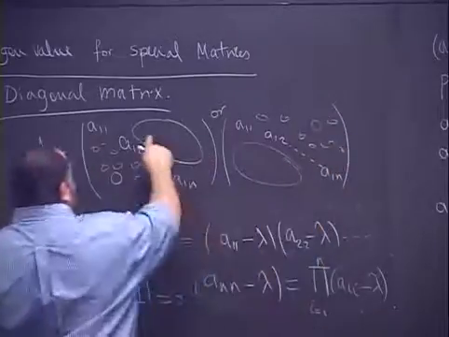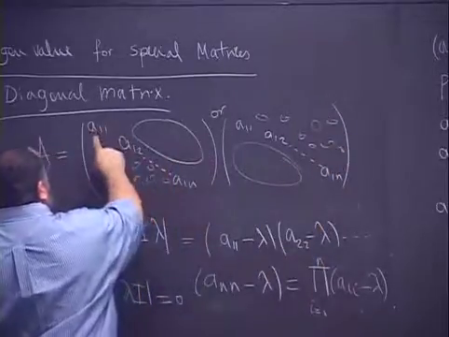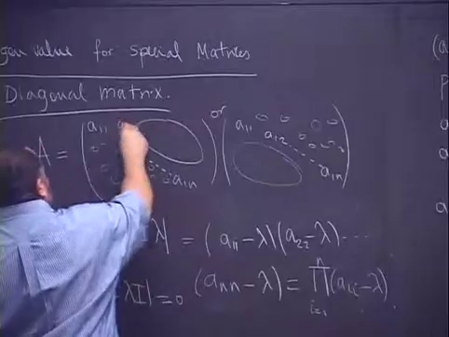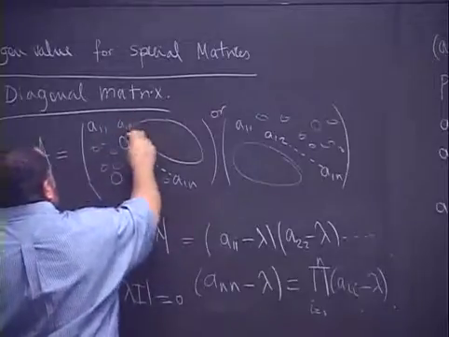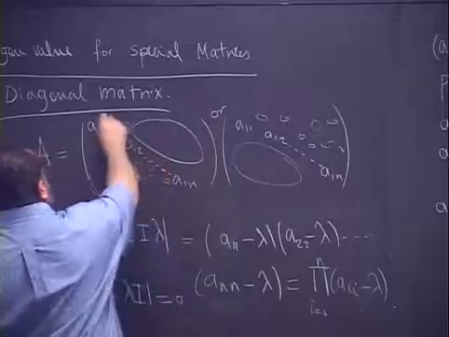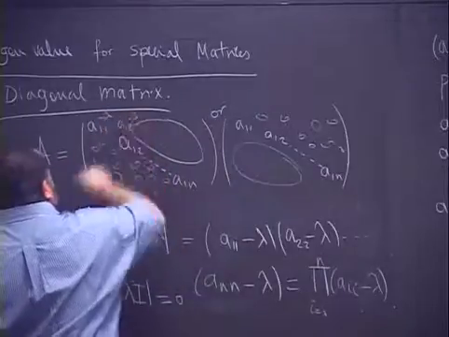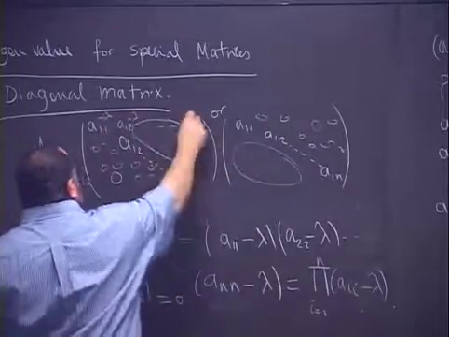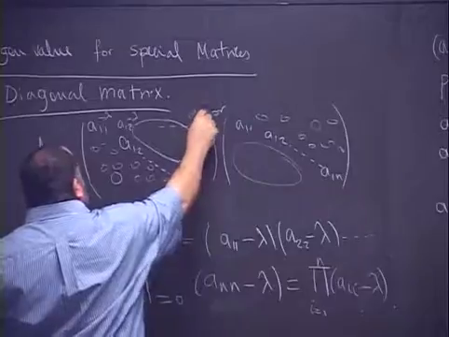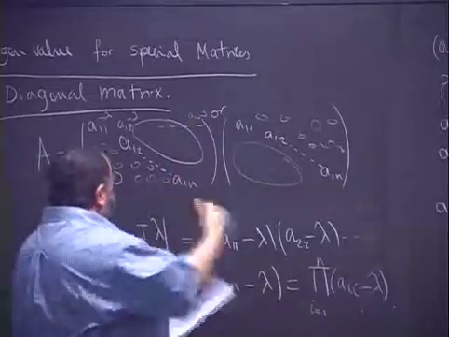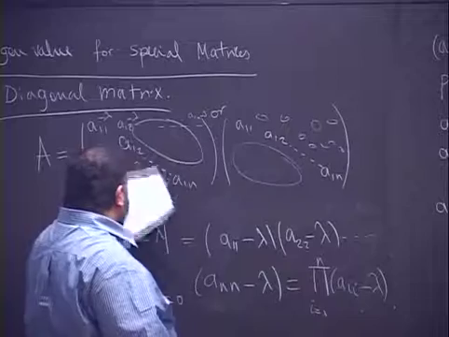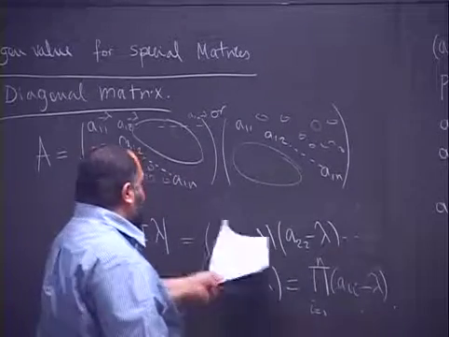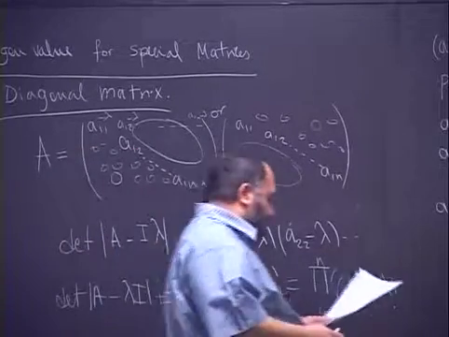So when you subtract lambda, let's say from a11, a12, and a13 and so on, you subtract lambda from here, and from here, and so on, up to a1n minus lambda. When you do the determinant now, you will notice that the determinant will give you this multiplication here.